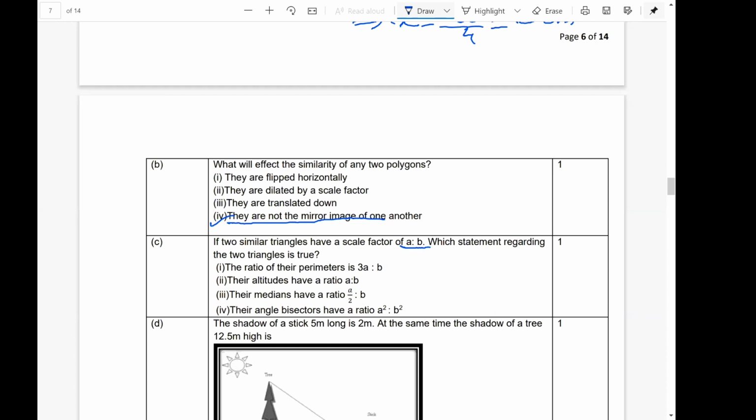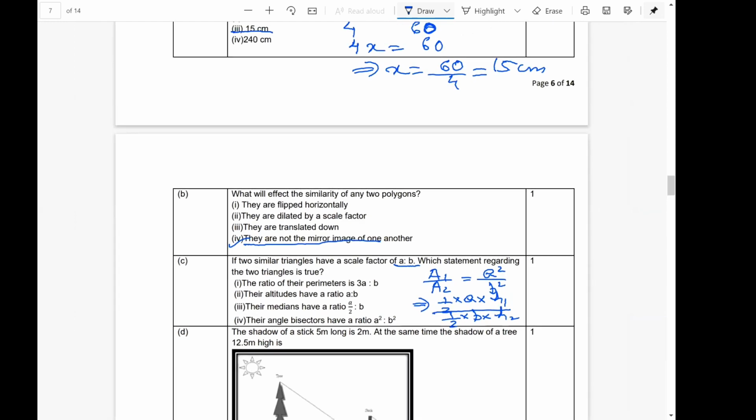Ratio of areas is area of the first one by area of the second one, we have studied, it is A square by B square, square of the ratio of the corresponding sides. Which means first area is half into side of the first one, that is A into H1. H1 is the altitude. Then half into side of the second one, that is B into H2, which comes like this, A square by B square.